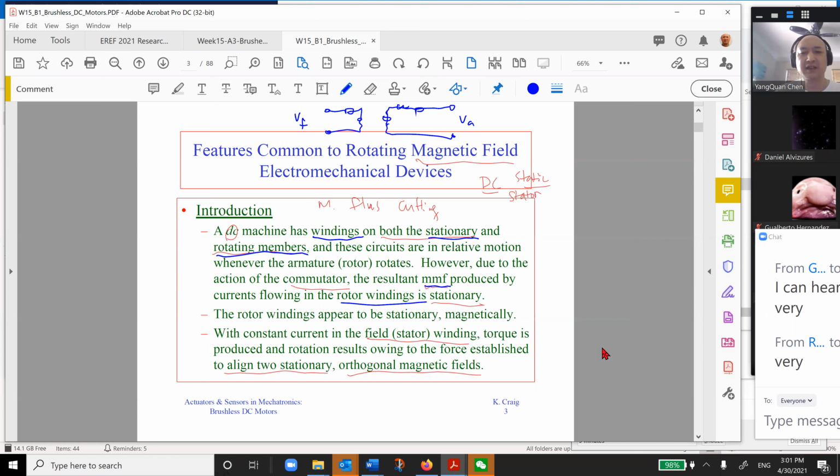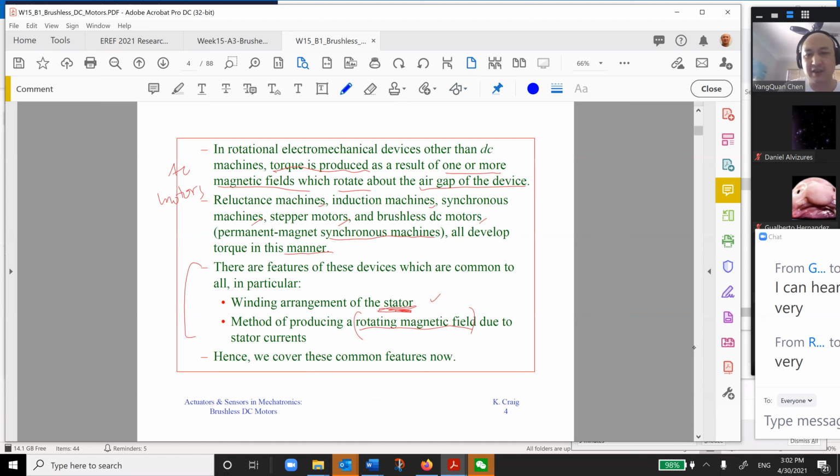With constant current in the field stator winding, the torque produced and the rotation result from the force established by aligning the two stationary orthogonal magnetic fields. You should understand it this way. It's called cutting the magnetic flux. That's the basic principle to convert mechanical energy to electrical energy or vice versa.